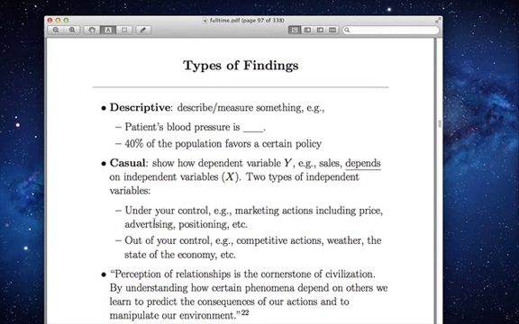So causal findings will imply a relationship. So causal relationships are such that we have some dependent variable, and we want to see how this dependent variable depends on independent variables. So this is a relationship. Now, if you think back to the descriptive findings, if 40% care about a certain policy, well, how does whether you favor that policy relate to whether you're going to vote for my candidate?